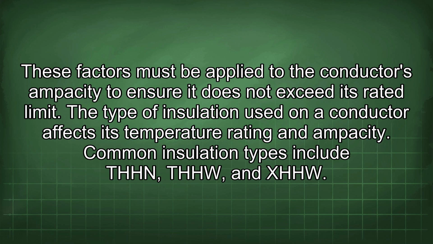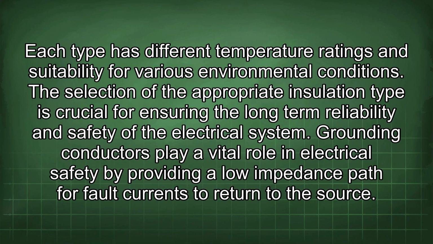The type of insulation used on a conductor affects its temperature rating and ampacity. Common insulation types include THHN, THHW, and XHHW. Each type has different temperature ratings and suitability for various environmental conditions. The selection of the appropriate insulation type is crucial for ensuring the long-term reliability and safety of the electrical system.